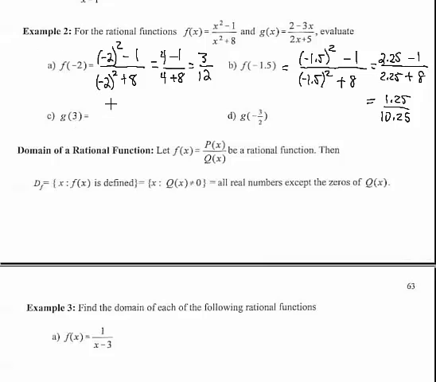G of 3, new function. We now have 2 minus 3x on the top, so I write 2 minus 3 times 3, being given the number 3 inside the function notation.